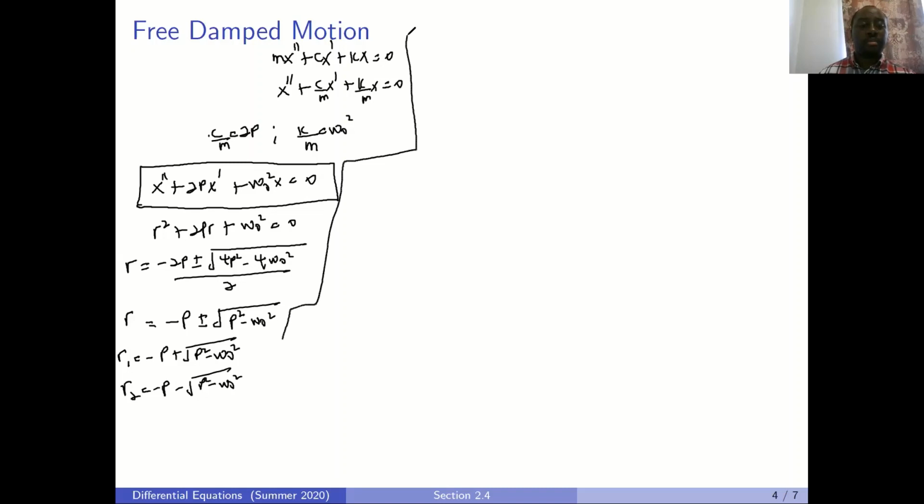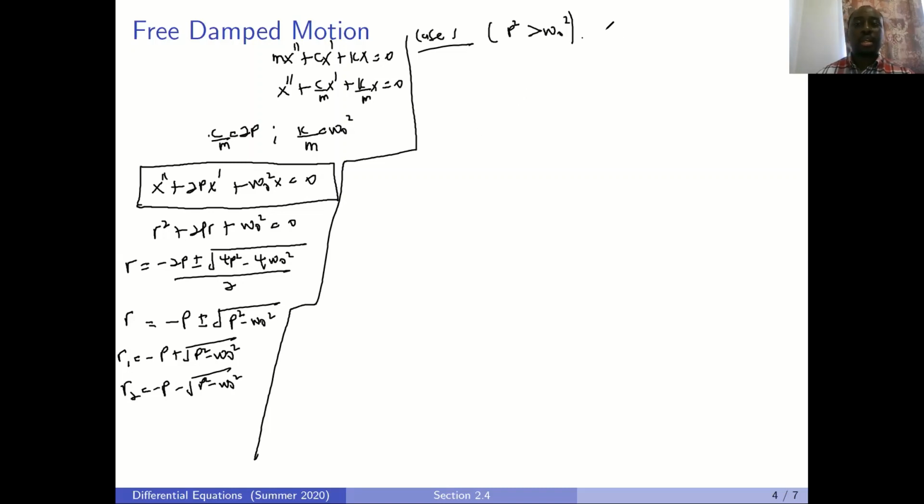Okay. So there are a couple of things that can happen here in terms of cases. Case 1. If we assume that p squared is greater than w0 squared, then we know that we have two real distinct roots, right?